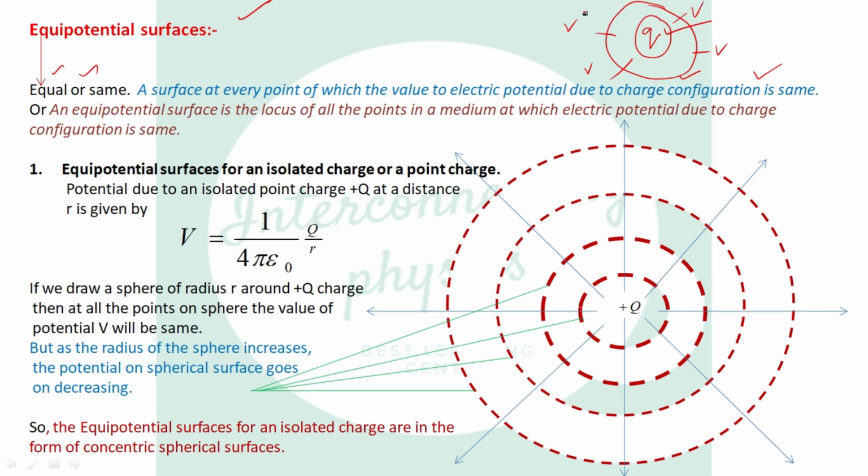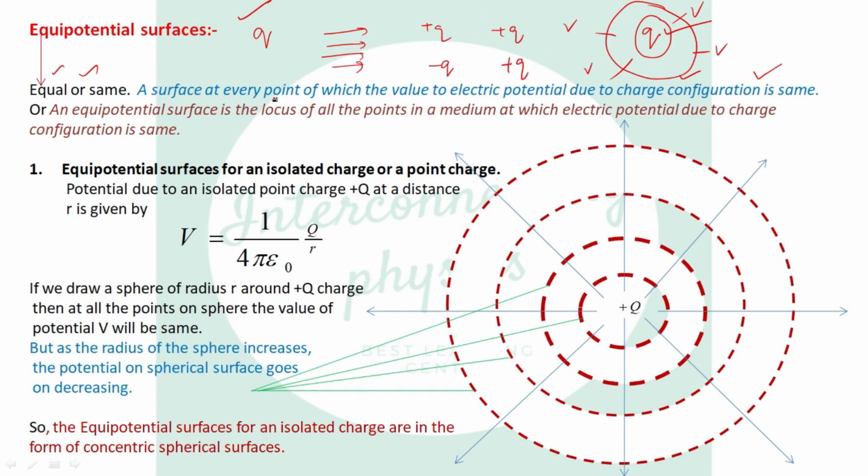Such a surface is called an equipotential surface. The charge configurations can be a point charge, a uniform electric field, same sign charges, or some dipole.